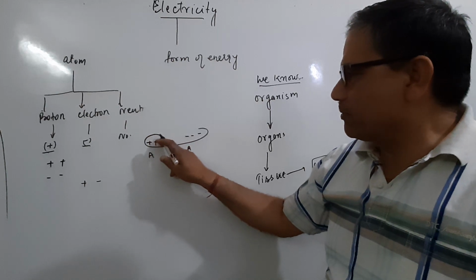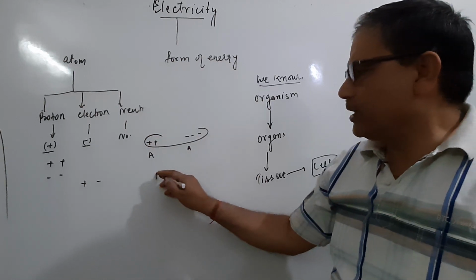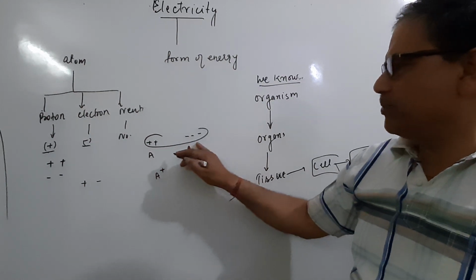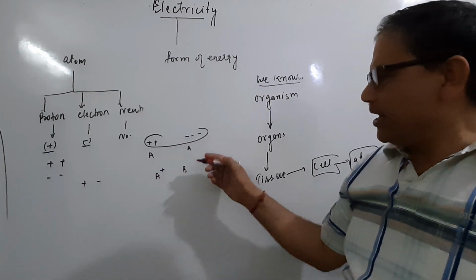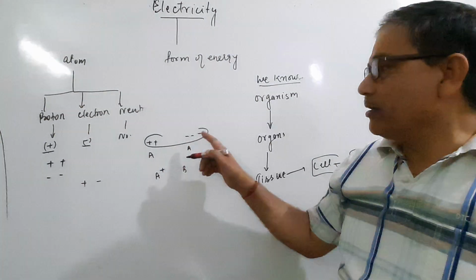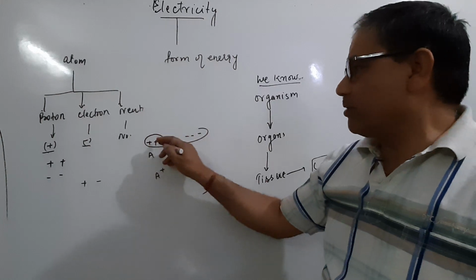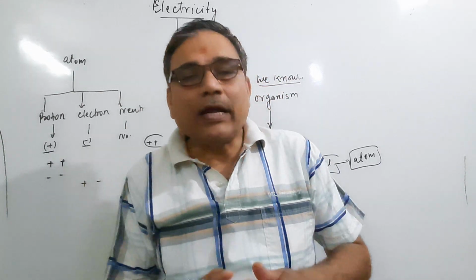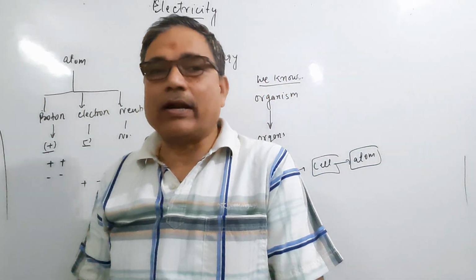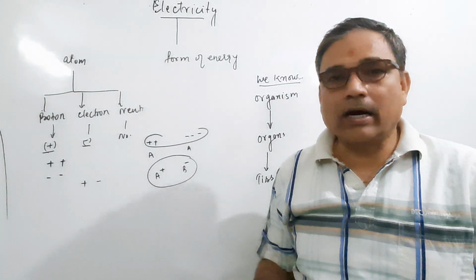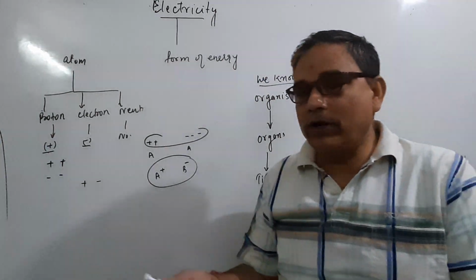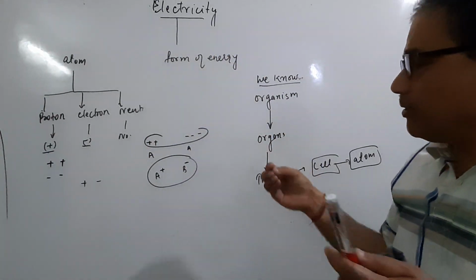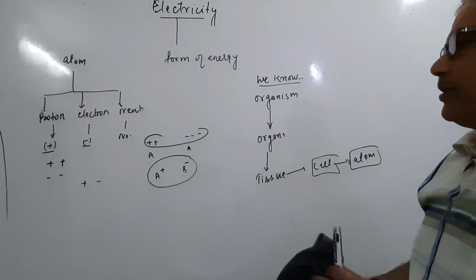If it loses one proton, then it acquires a positive charge, and the other atom B gains an electron, meaning one electron, so it acquires a negative charge, and then they will attract each other. When atoms lose or gain electrons, one acquires a positive charge and the other a negative charge, and there will exist a force of attraction between their charges.